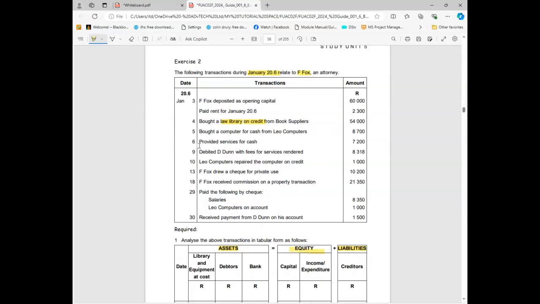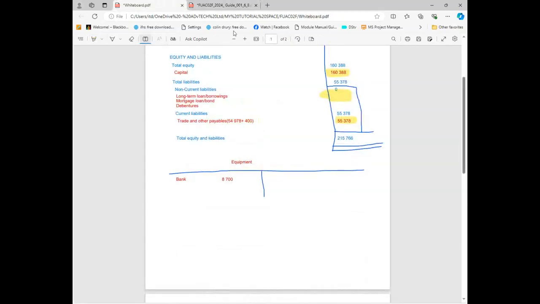On the 6th, provided services for cash. What do you think are the 2 accounts? Service revenue and bank, sir. Perfect. Services revenue, or you can say services rendered. I'm gonna write services revenue because you said revenue, still okay. Next time when they give you an account called services rendered, don't worry, it's the same thing.